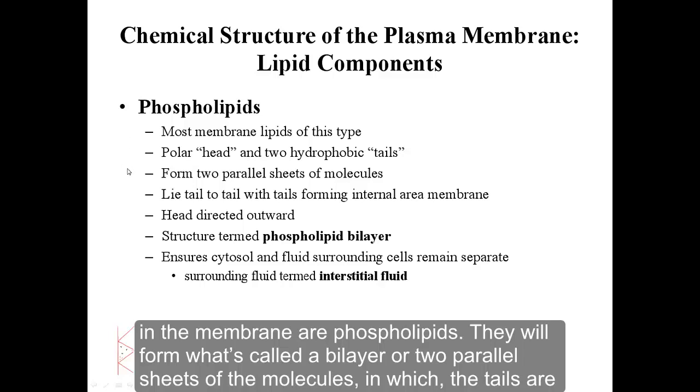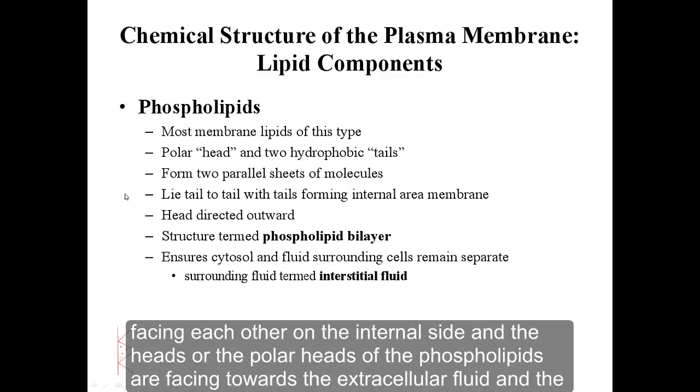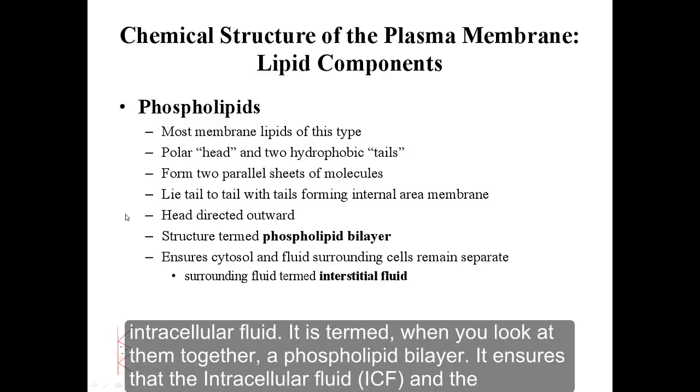They will form what's called a bilayer, or two parallel sheets of the molecules in which the tails are facing each other on the internal side, and the polar heads of the phospholipids are facing towards the extracellular fluid and the intracellular fluid. It is termed, when you look at them together, a phospholipid bilayer.